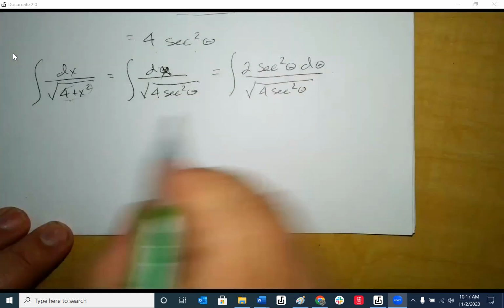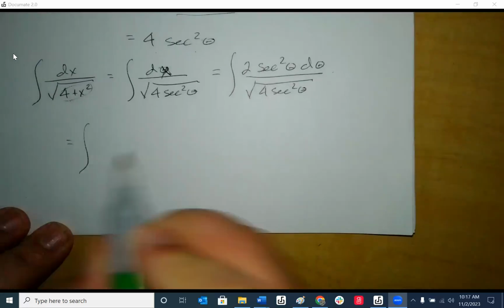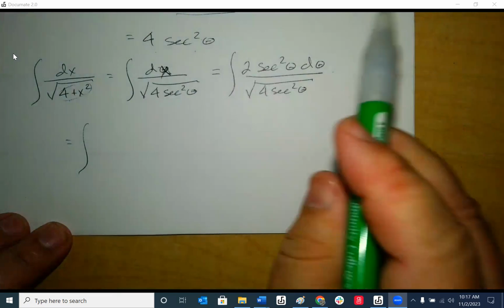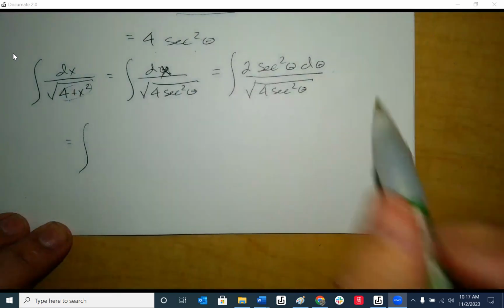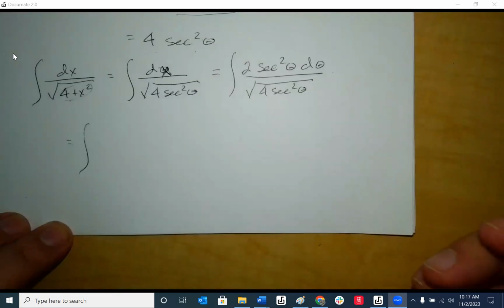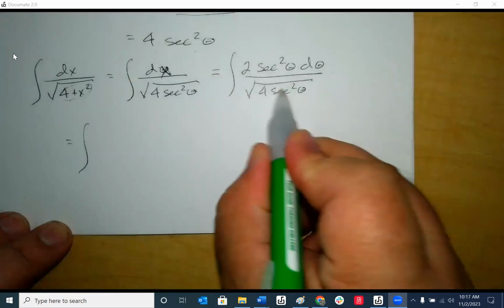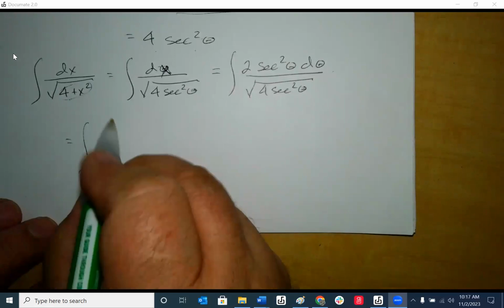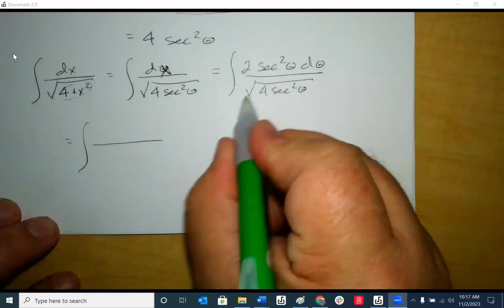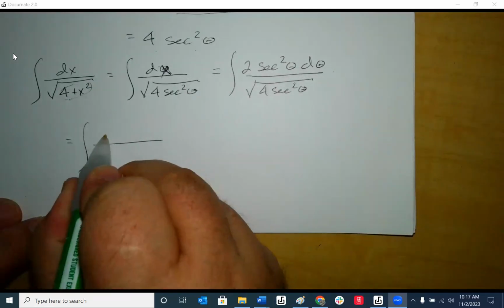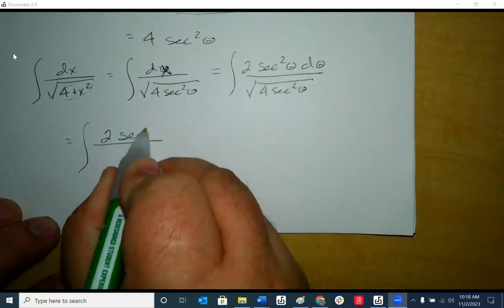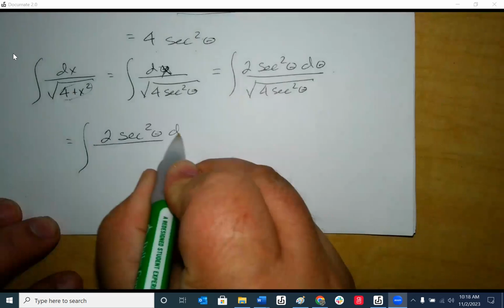Now, can secant theta from our domain ever be negative? Not really, because it's always going to be a square. So in our domain, we don't need the absolute value on the bottom. Typically, when we take the square root of a square, we put an absolute value, but we don't need to because it won't be negative in our domain.